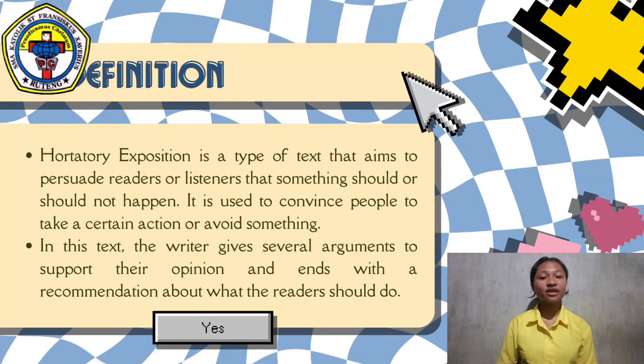First, the definition of hortatory exposition. Hortatory exposition is a type of text that aims to persuade readers or listeners that something should or should not happen. This text is used to convince people to take a certain action or to avoid something.